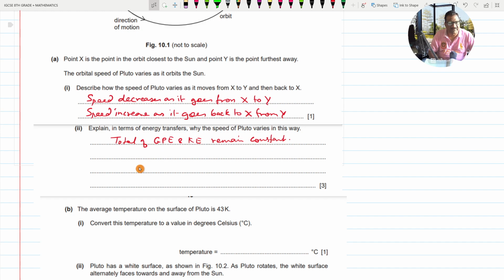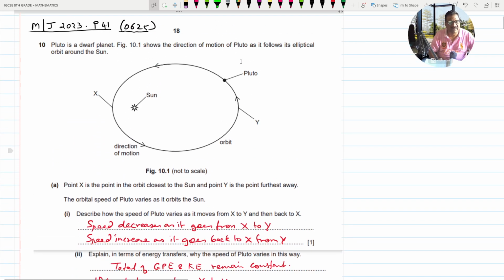Now let us see what happens when Pluto goes from X to Y. Here the gravitational potential energy is more because it is closer.